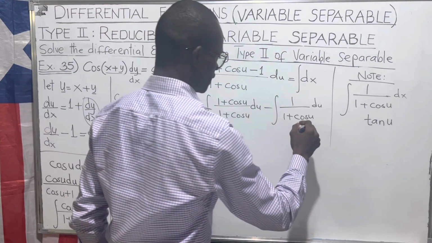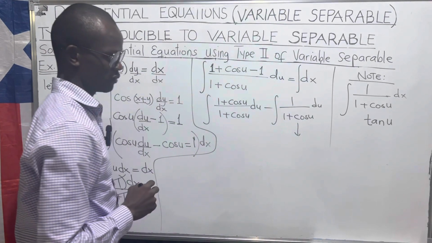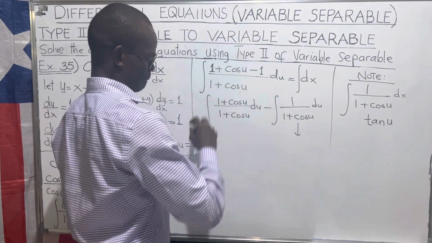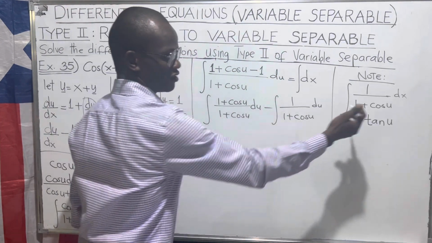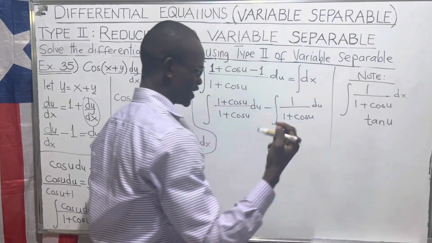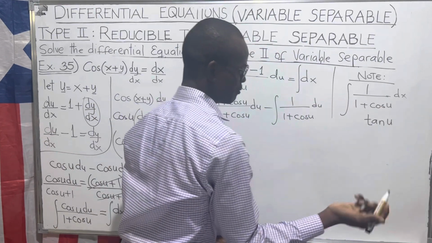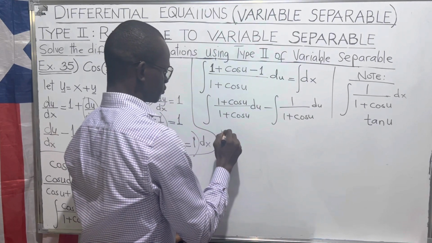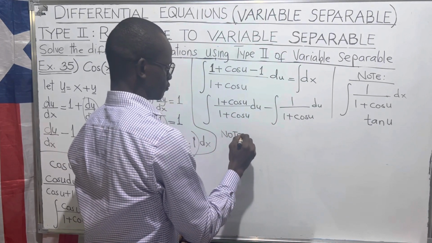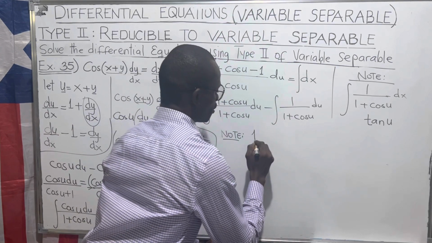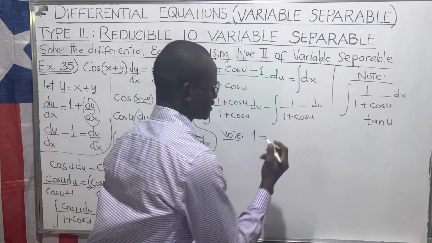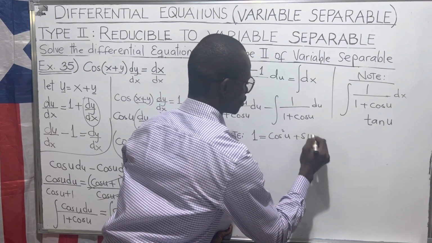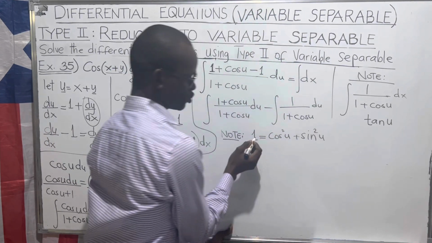So similarly, we can apply that same thing here. If you didn't understand what I just did, we can do it together. I don't mind. Note that from the Pythagorean identity, cos square u plus sin square u equals 1.